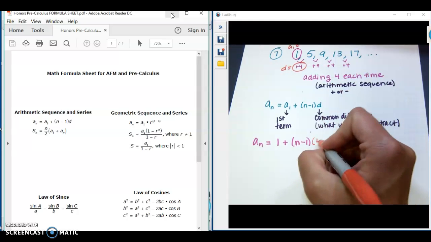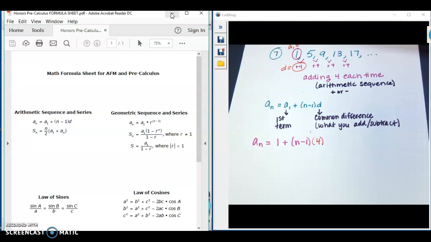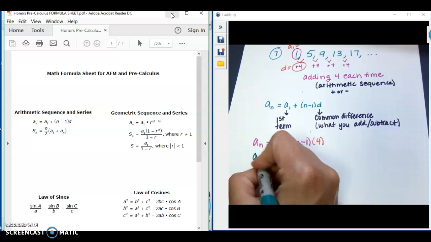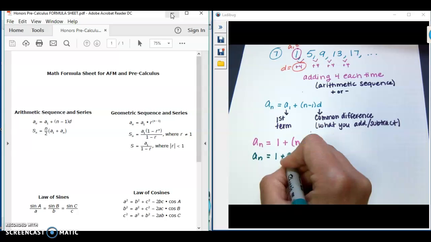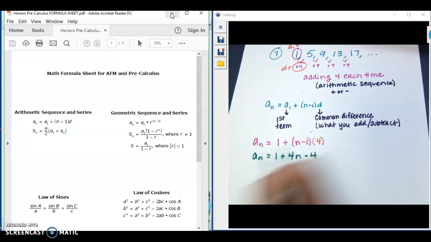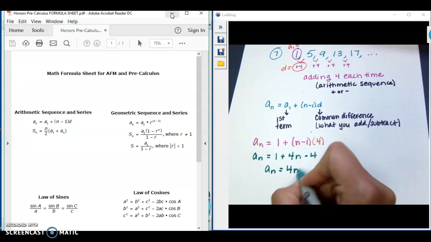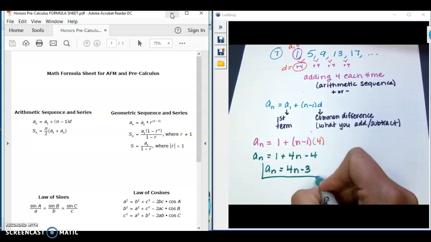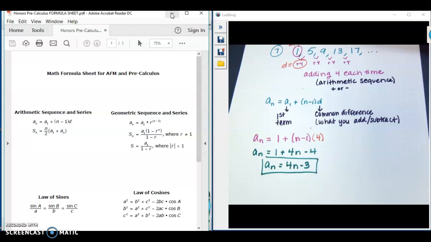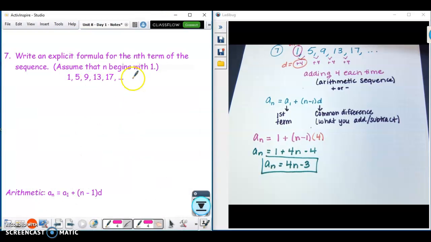So the common difference would be positive 4. Okay, so if you leave it in that form, that's okay, but we can simplify it. So we can do 1 plus, distribute this 4, and make it 4n minus 4. And then we could combine like terms, so we would have 4n minus 3. So this a sub n equals 4n minus 3 gives us that explicit formula for my sequence that we had here, my infinite sequence.